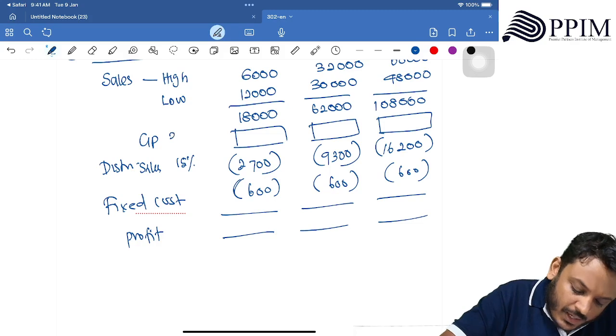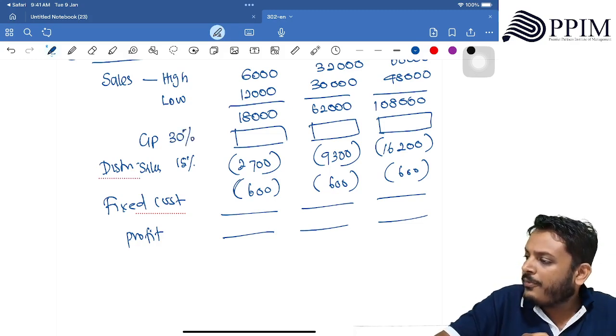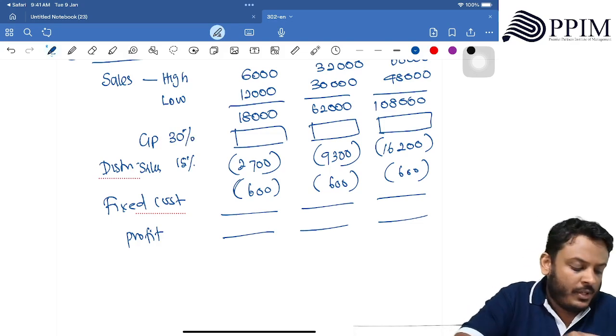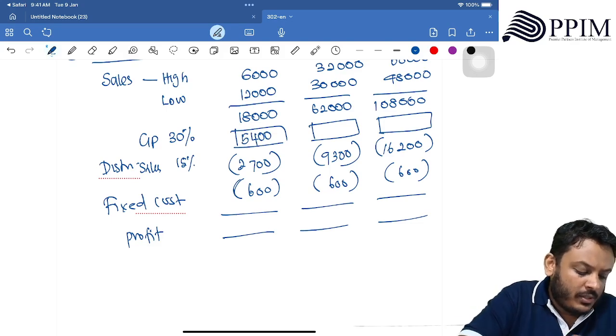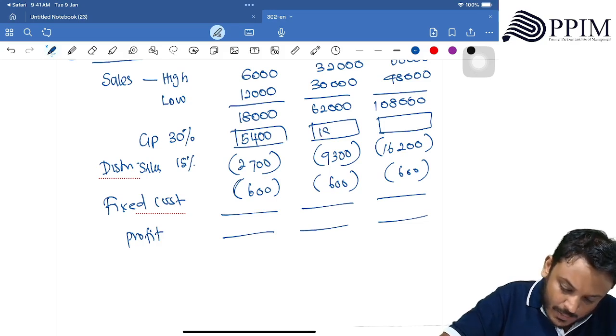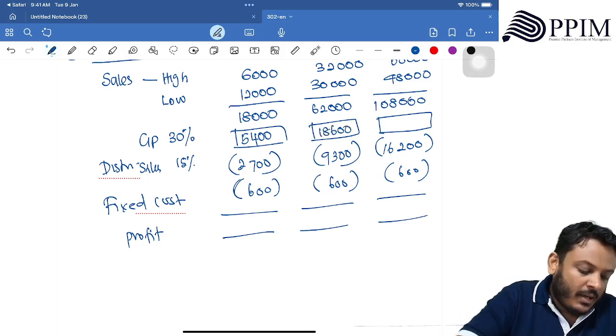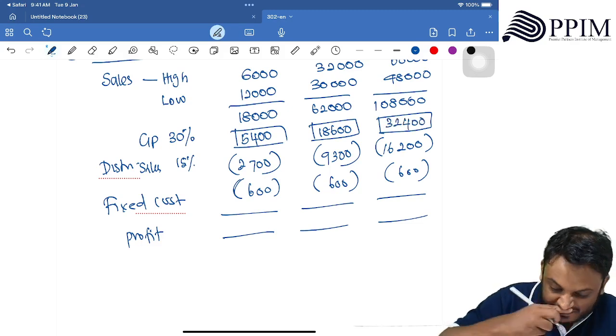So cost of sales they said 70%. So gross profit is 30%. 18,000, 30% is 5,400. 62,000, 30% is 18,600. 108,000, 30% is 32,400.